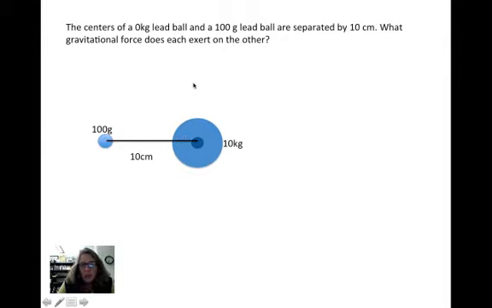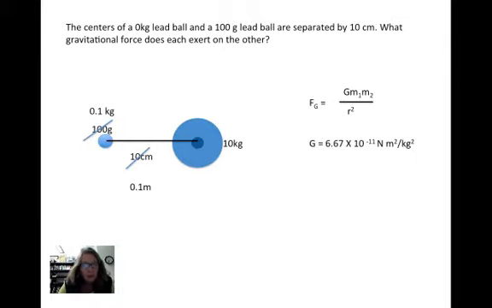The first thing I want to do is change these units to the normal units we use, which are kilograms and meters. Then this is the equation for the gravitational pull: the gravitational constant G, times the mass of the first one, times the mass of the second one, divided by the distance between them squared. The gravitational constant is always the same, 6.67 times 10 to the minus 11.